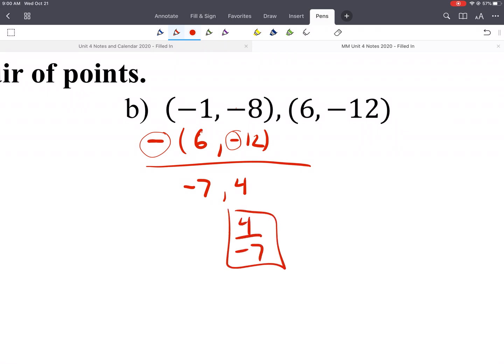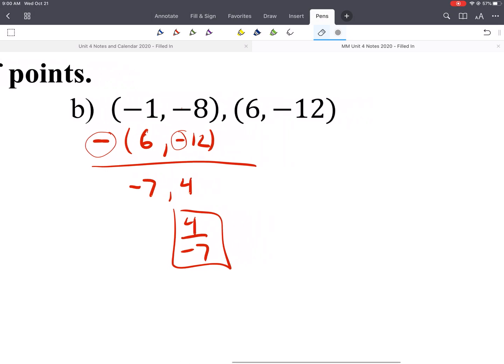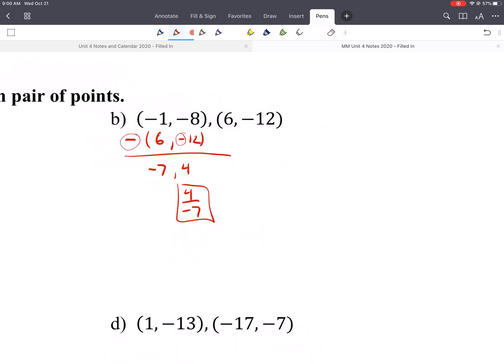I feel like it's easy to have mistakes that way. So if you do it that way, just be cautious. The rest of the time, I'm going to use the formula. So here I'll say x1 and y1, x2 and y2. So I'd do negative 12 minus a negative 8 divided by 6 minus a negative 1.